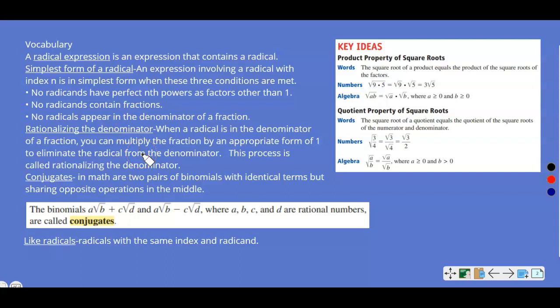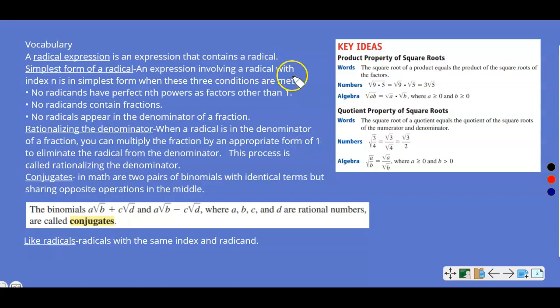Rationalizing the denominator. When a radicand is in the denominator of a fraction, you can multiply the fraction by an appropriate form of 1 to eliminate the radicand from the denominator. This process is called rationalizing the denominator. So when it says an appropriate form of 1, there are different things that you can do.